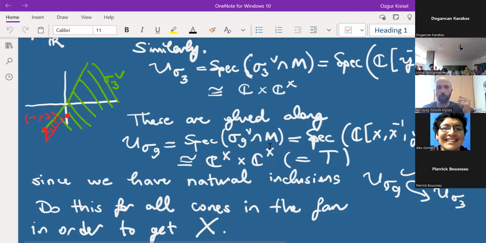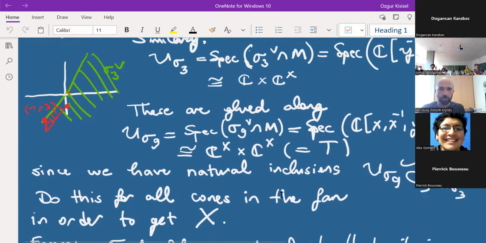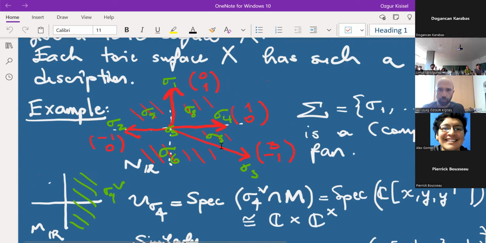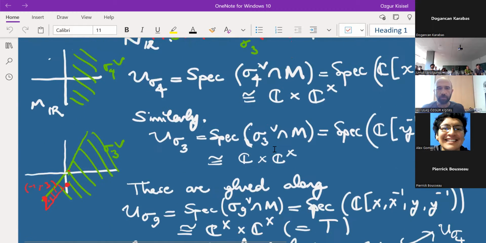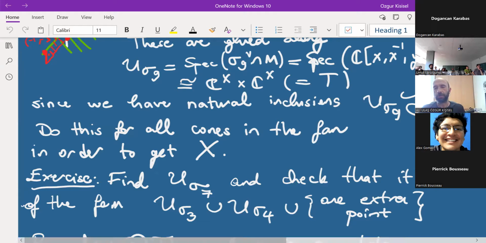You do this for all cones in the fan in order to get all of X. Maybe one small exercise, if this is the first time you are coming across toric geometry: find U sigma 7 explicitly. This U sigma 7 is the one between sigma 3 and sigma 4. Find U sigma 7 and show that it is of the form U sigma 3 union U sigma 4 plus one extra point.